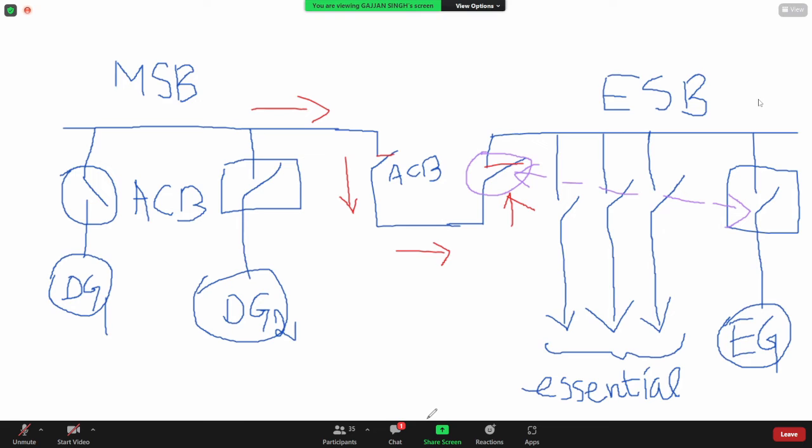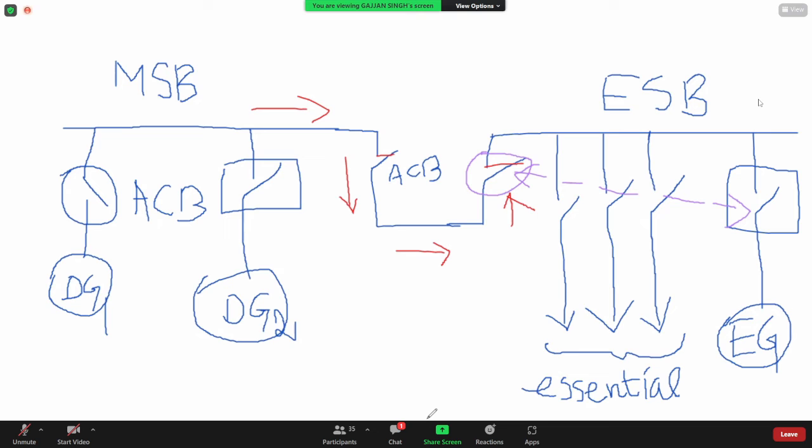Is this much clear? Very, very basic layout. Yes, sir. Just don't forget, whatever merchant ship you go, DG1, DG2, DG3 will feed the main switchboard. The main switchboard will feed the emergency switchboard. The emergency switchboard will feed essential services like sprinkler, emergency compressor, one steering motor, navigation light, bridge equipment, fog horn.